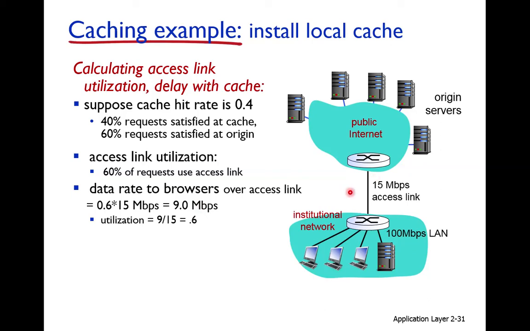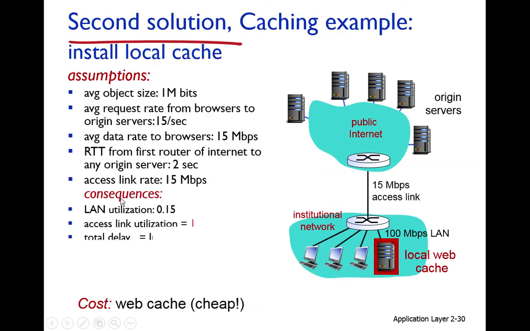You know that there are 15 requests per second, and of these 15, 60% have to access the access link, not all.